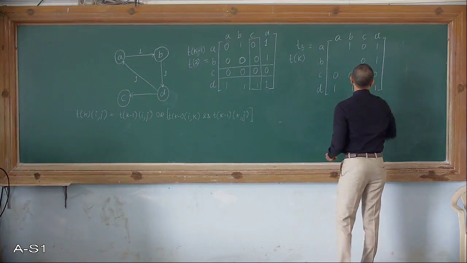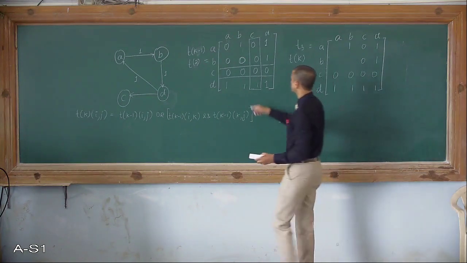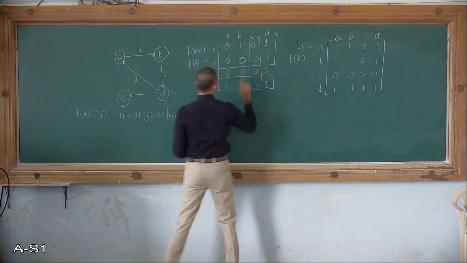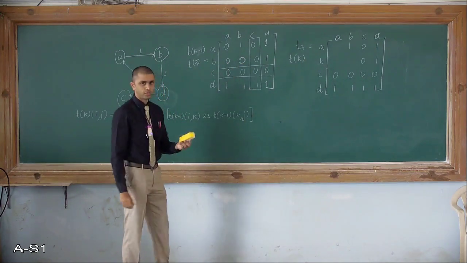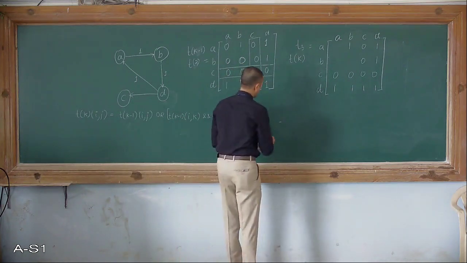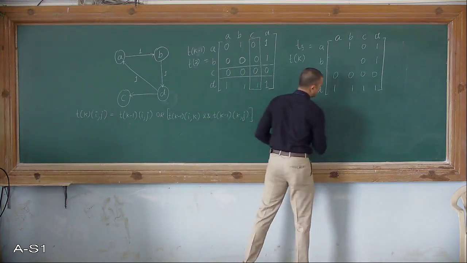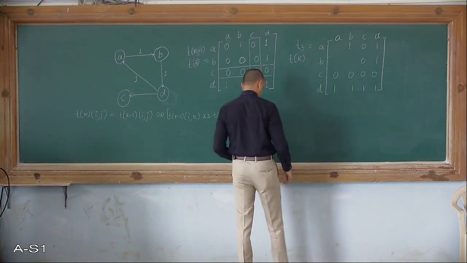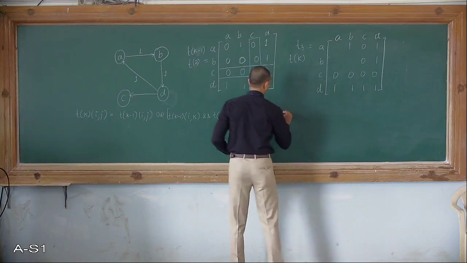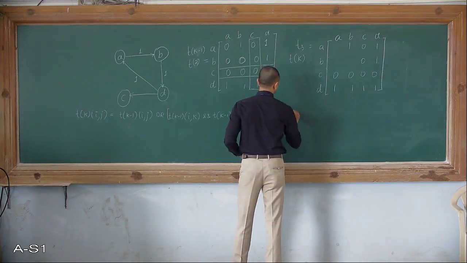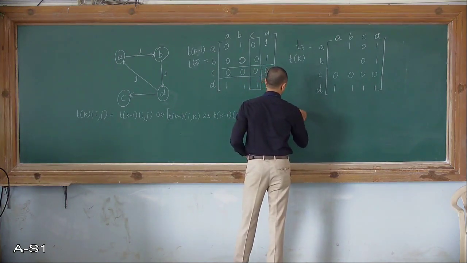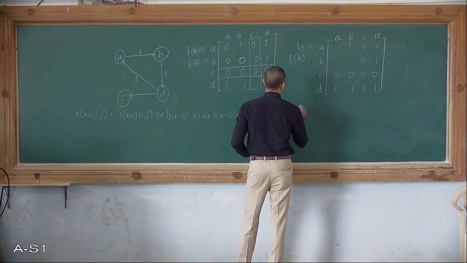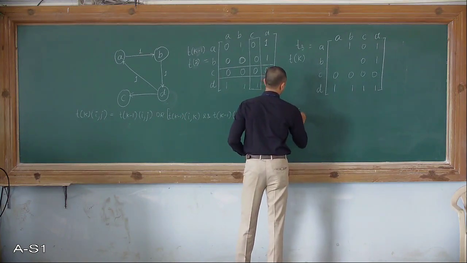Alright. So wherever there are zeros now, these 3 zeros, I'm going to try to convert them to 1. I'll see if there is any transitive relation present in the graph for those vertices. Alright. Apply the rule. T of K, which means T of K is 3. Which is the first one?